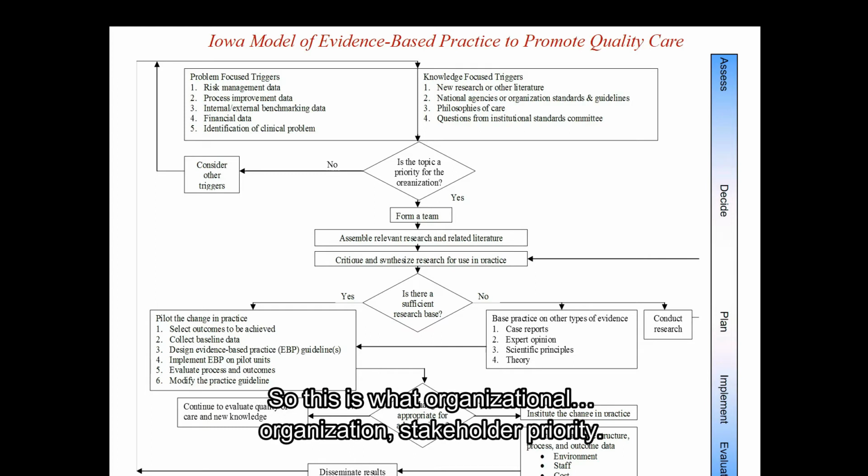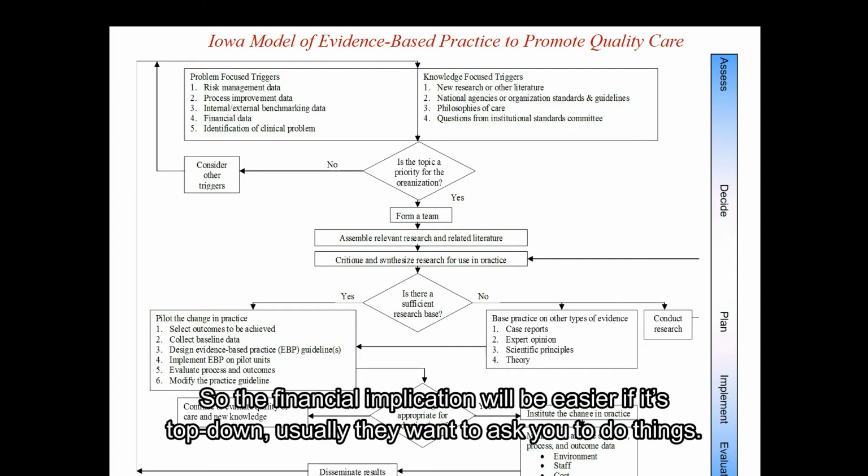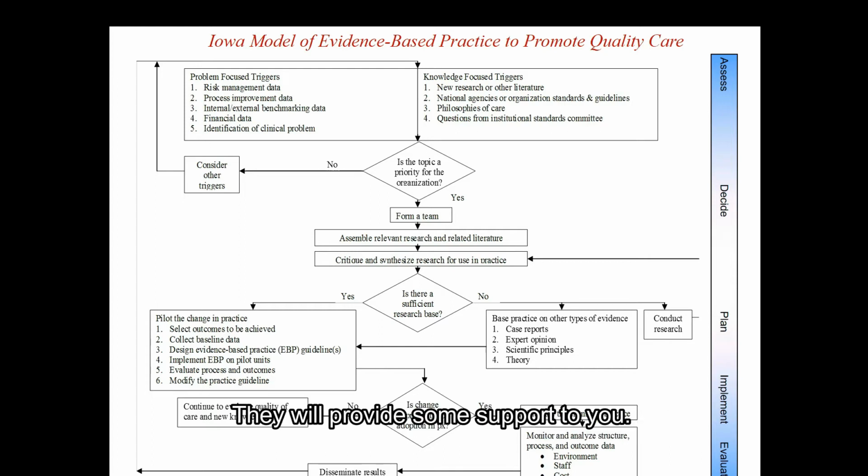So this is organizational stakeholder priority. The financial implication will be easier if it's top down. Usually when they ask you to do things, they will provide some support to you.